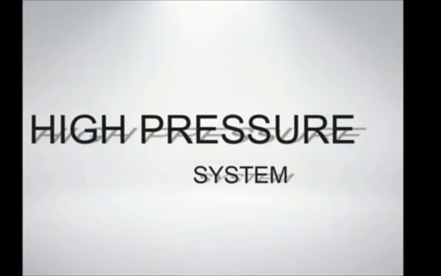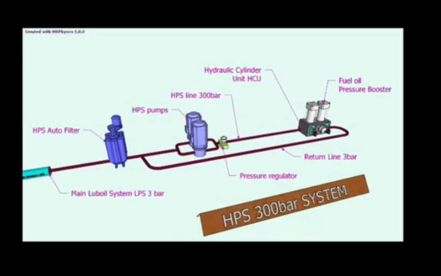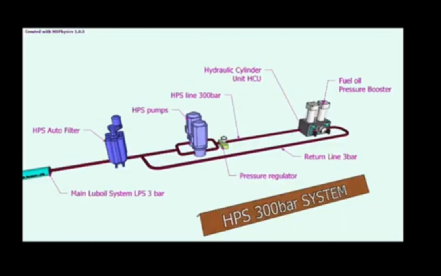Next is the high pressure system. The MEB engine concept is the use of a mechanical hydraulic system for actuation of fuel injection pumps, which are electronically controlled by a computer based control system, and for that the main system lube oil is used as the hydraulic medium.